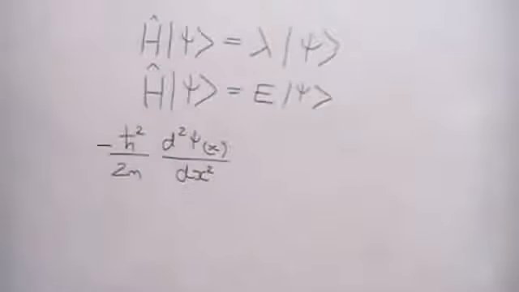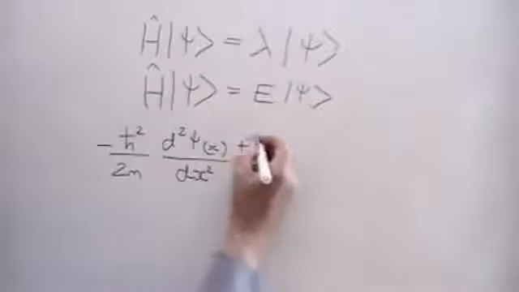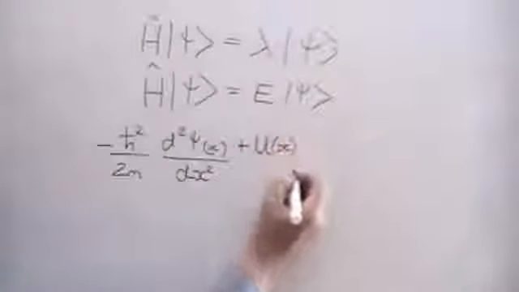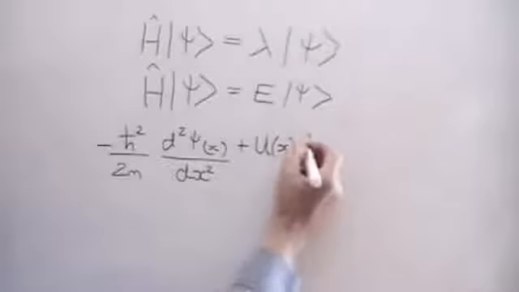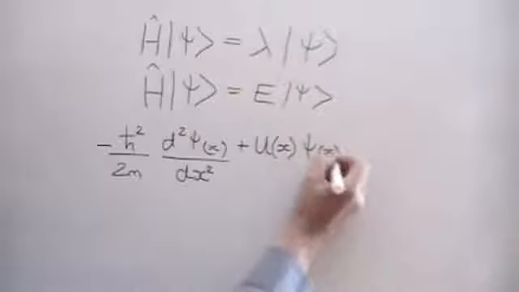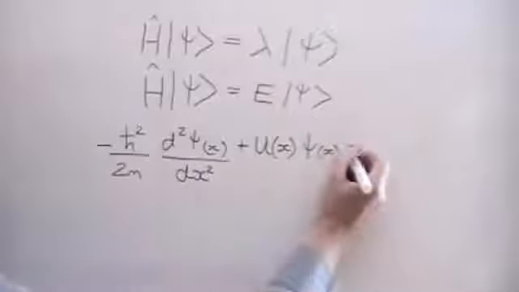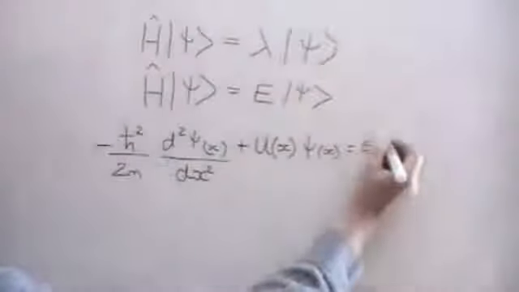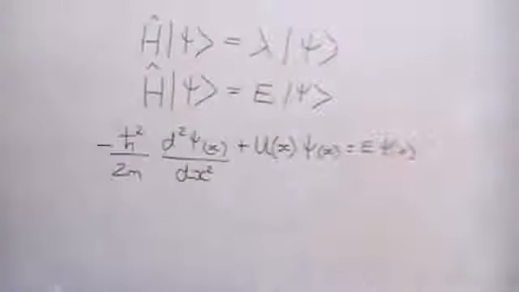I could put it in Dirac notation, but I won't at the moment because we didn't derive it like that, plus a potential acting on psi of x is equal to the energy acting on psi of x.